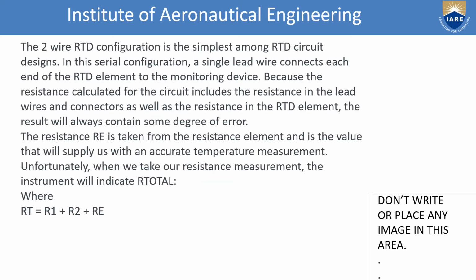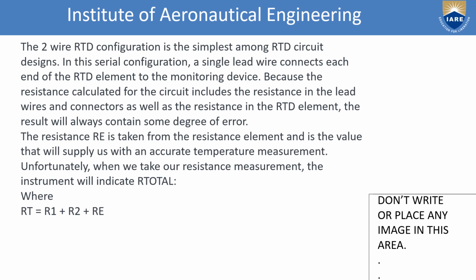Now I am going to explain the RTD two-wire system. The two-wire RTD configuration is the simplest among RTD circuit designs. In this serial configuration, a single lead wire connects each end of the RTD element to the monitoring device.